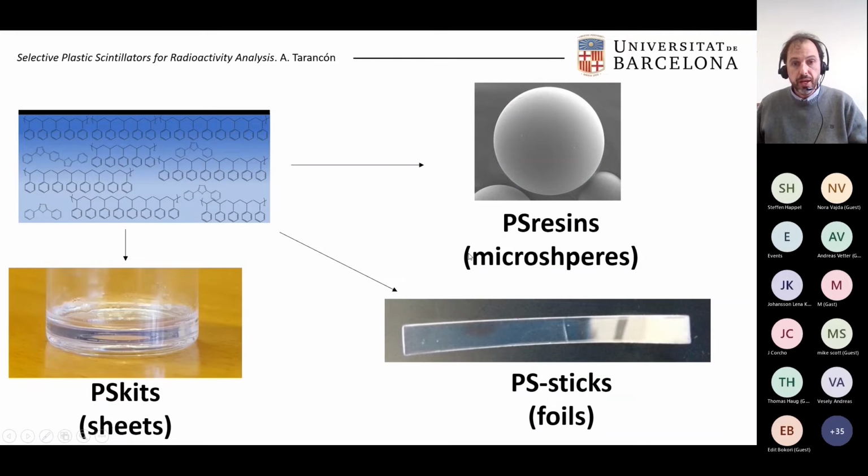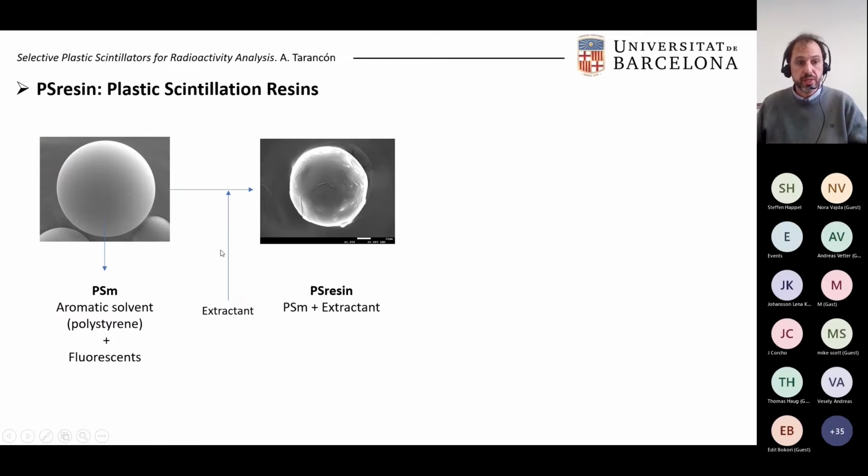In our case, we have worked with plastic scintillators in the form of microspheres, but also in kits. I will present very shortly our recent work in plastic scintillation kits and also in foils. So essentially, in the use of plastic scintillation resins, the plastic scintillation resin is a microsphere of polystyrene with fluorescent solutes coated with a selective extractant.